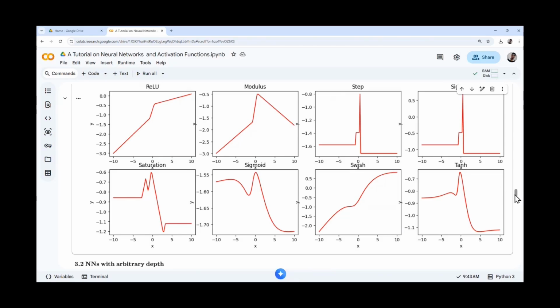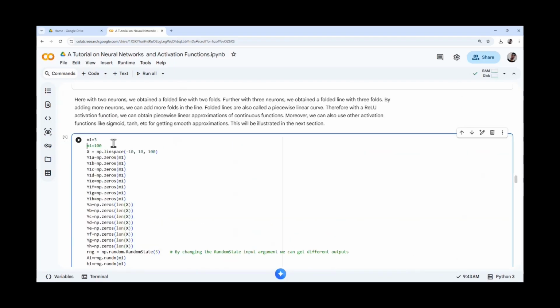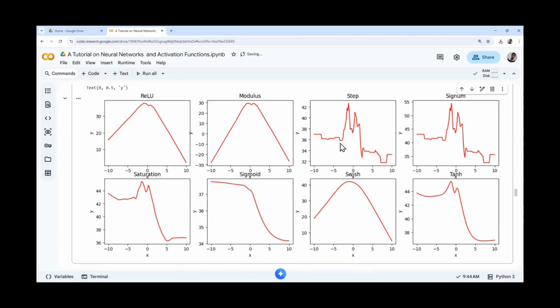Now, if we increase the number of neurons to 100 and select the weights and biases randomly, we obtain the curve as shown here, a highly nonlinear curve, particularly in the case of step and signum. And as we increase the number of neurons, we can see that the curve becomes more and more nonlinear.